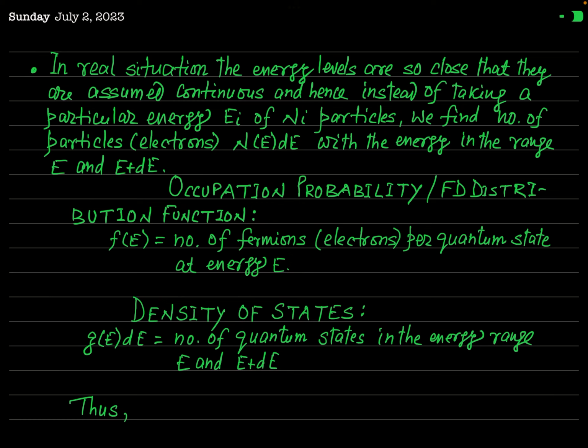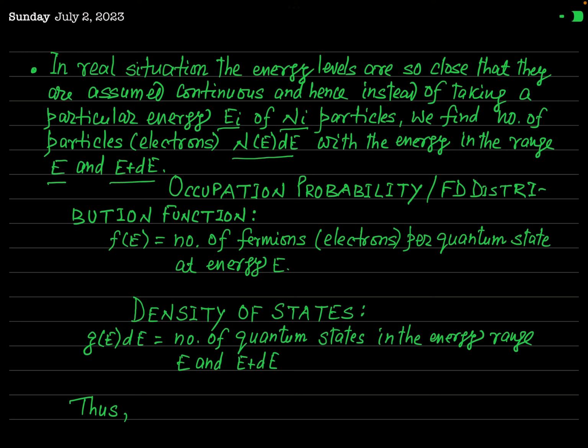So instead of saying that Ei is the energy of Ni particles, we talk about an energy range. We say that this N of E represents the number of electrons, or number of fermions, or number of particles in the energy range between E and E plus dE.